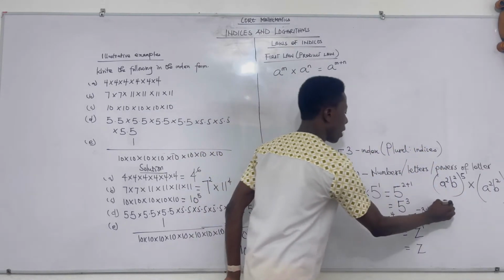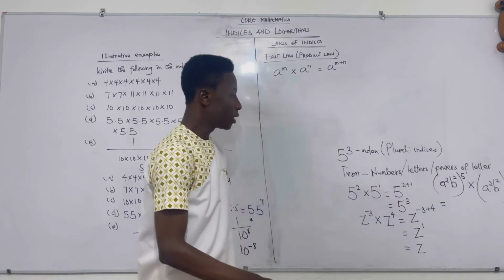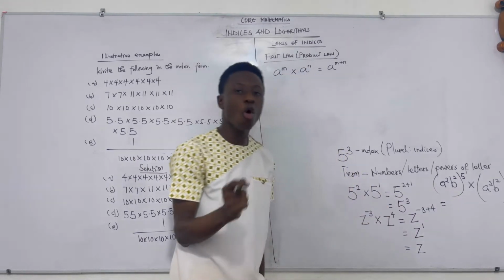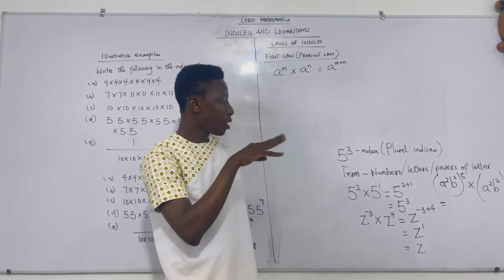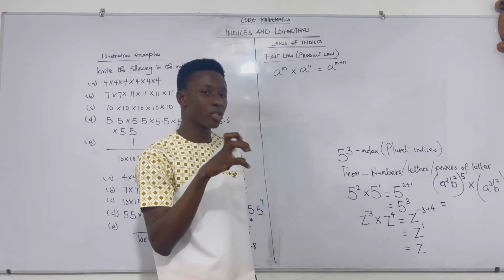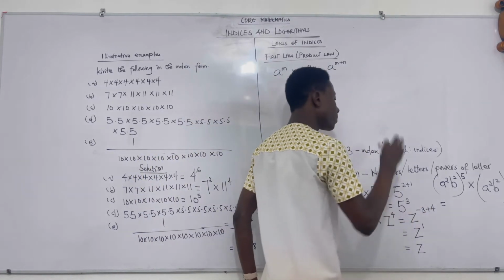So what is happening? Realize that for this very question, the term here is a combination of what? Powers of letters. The term over here is also a combination of what? Powers of letters. So what did we say?